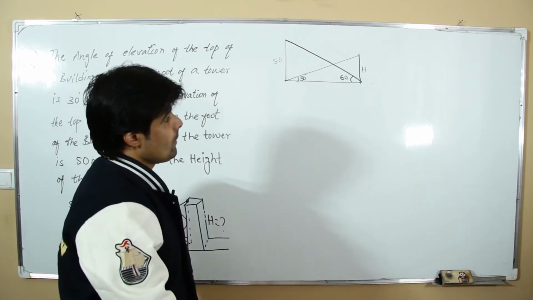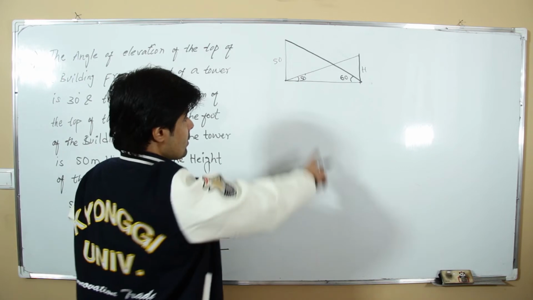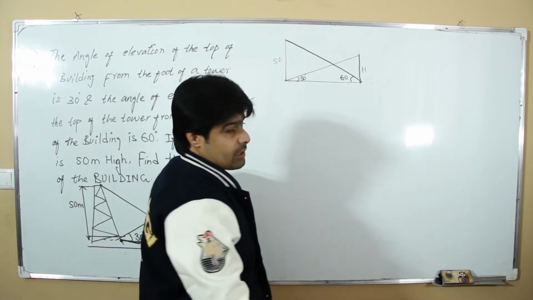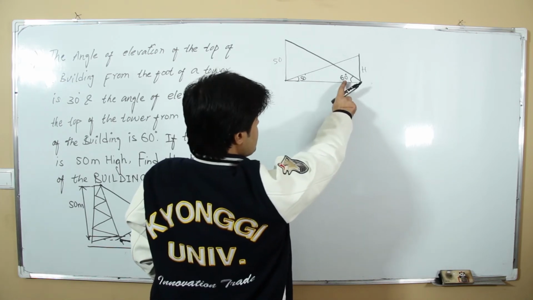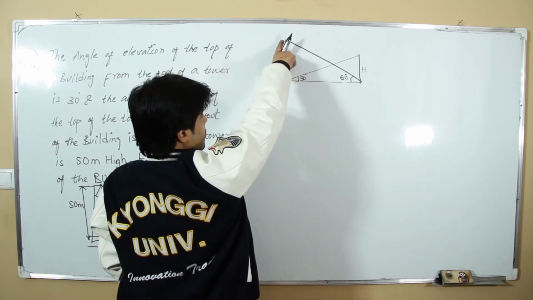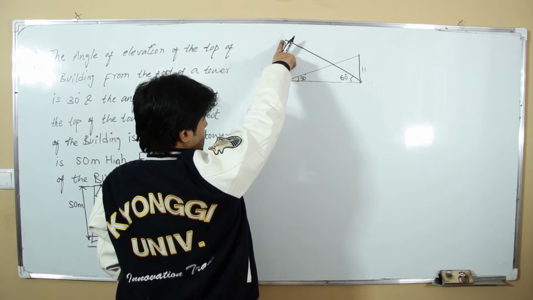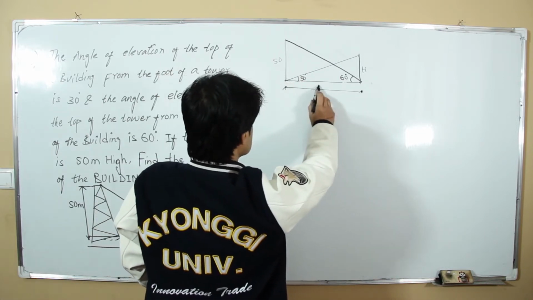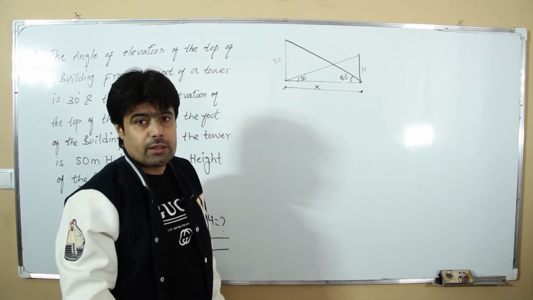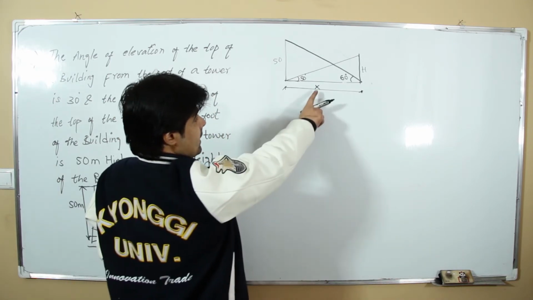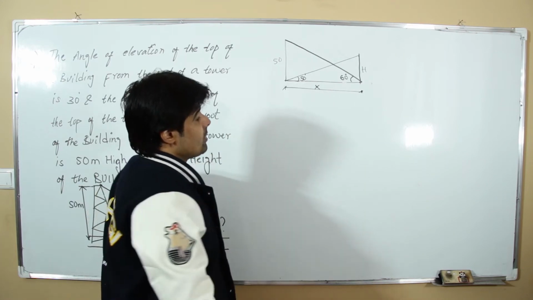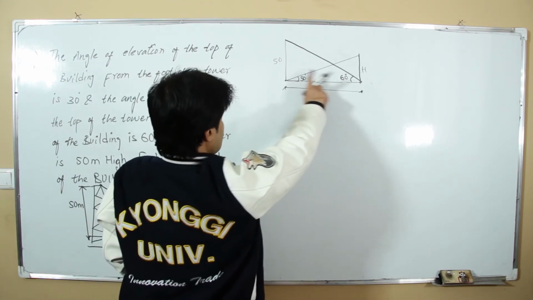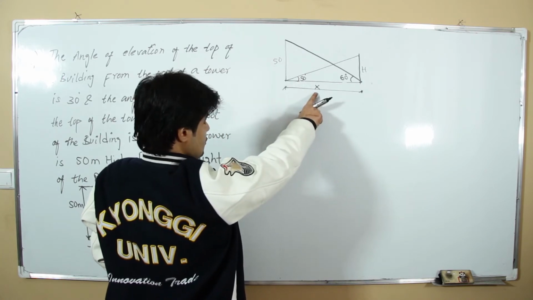First, what quantities are given in 30 degree right angle triangle or in 60? I think in 60 degree. In 60 degree, you know this one, which is what? Which is opposite. And you don't know this distance, which is x. First, I will find x. And this x is shared with the 30 degree triangle also. I want to say for 60 degree, this is opposite and this one is adjacent.